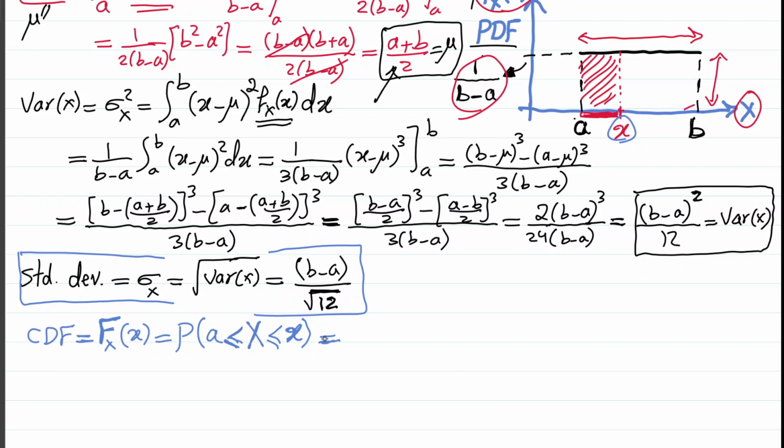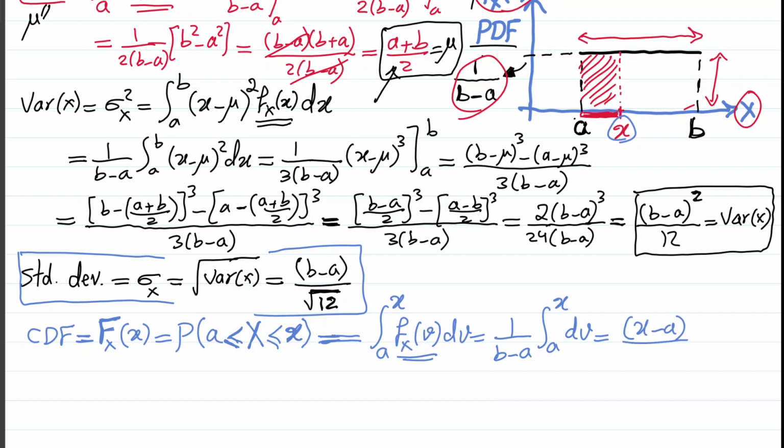Effectively, it is just in general an integral of the PDF. So the integral from a to x of, let's say a small letter f, with v as a substitute variable, dv. In that case, because the small letter f PDF is just 1 over b minus a, it is pulled outside the integral from a to x of dv, which, exactly as we expected, becomes x minus a divided by b minus a.